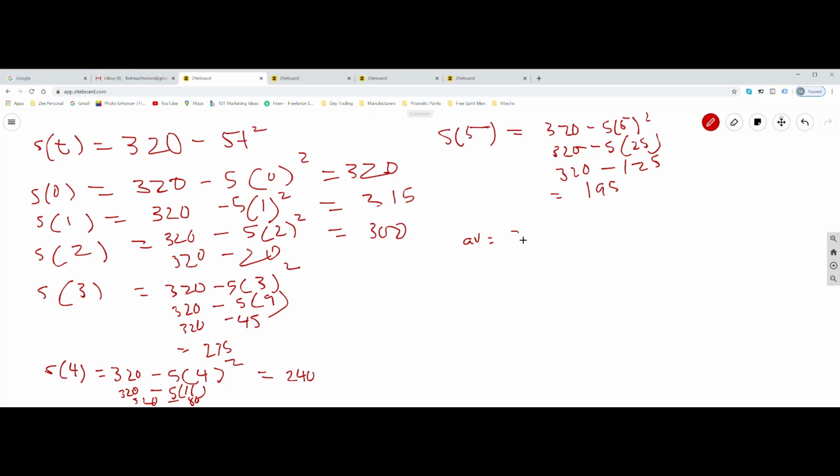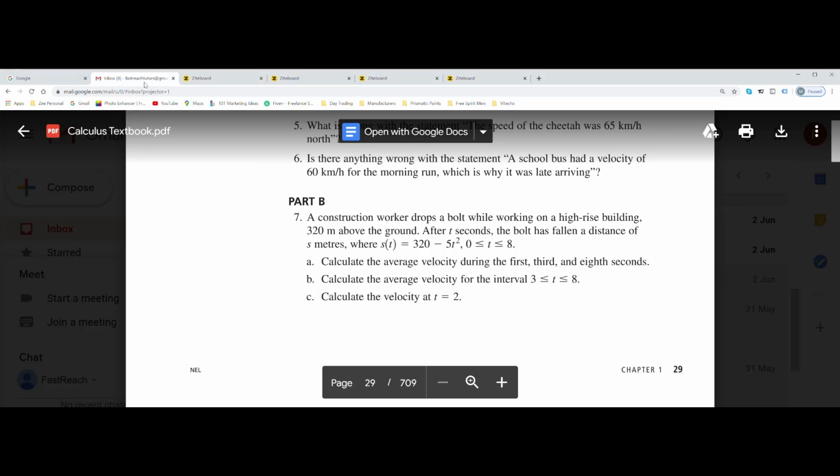It's 315, and that's the first second. And then at the 0th second, it's 320. So it is negative 5 meters per second. I believe it's in meters per second, right? Meters per second, yeah.